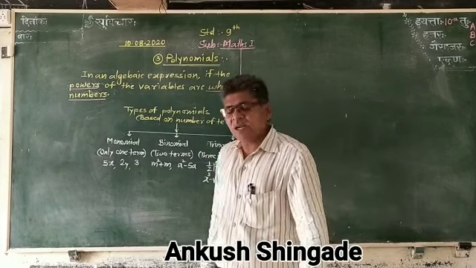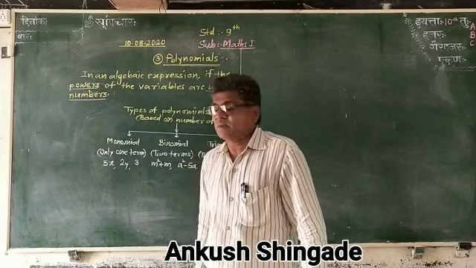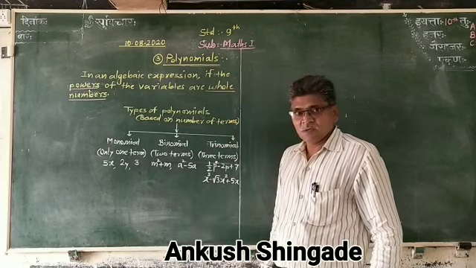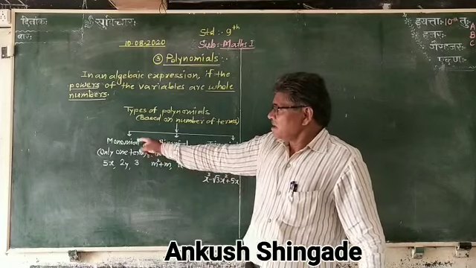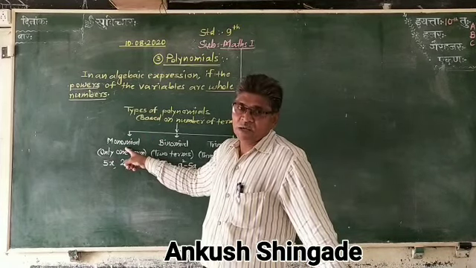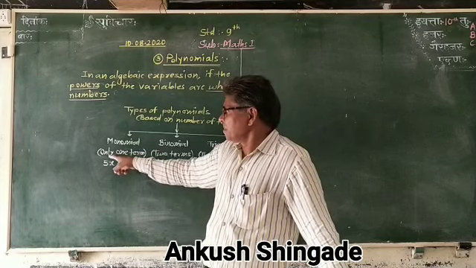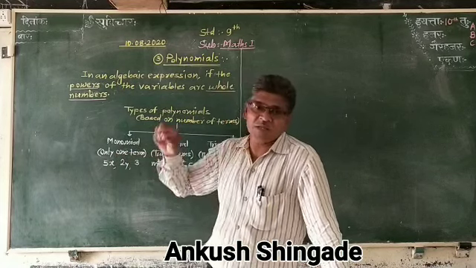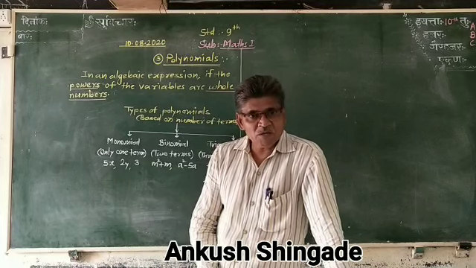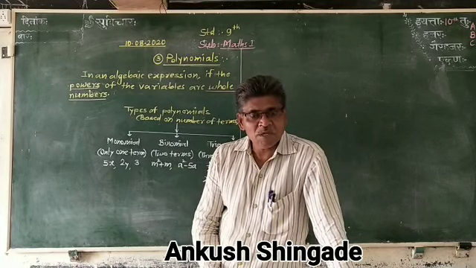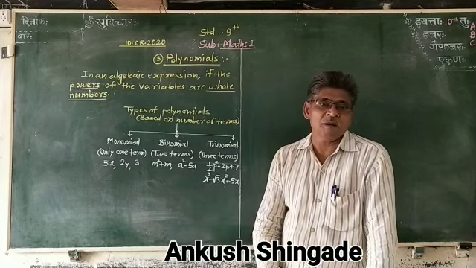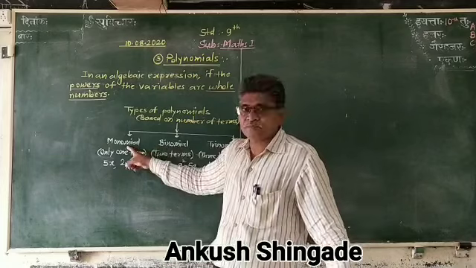Friends, there are three types of polynomials based on number of terms. First one is the monomial. If only one term is given in the polynomial, then that polynomial is called a monomial.